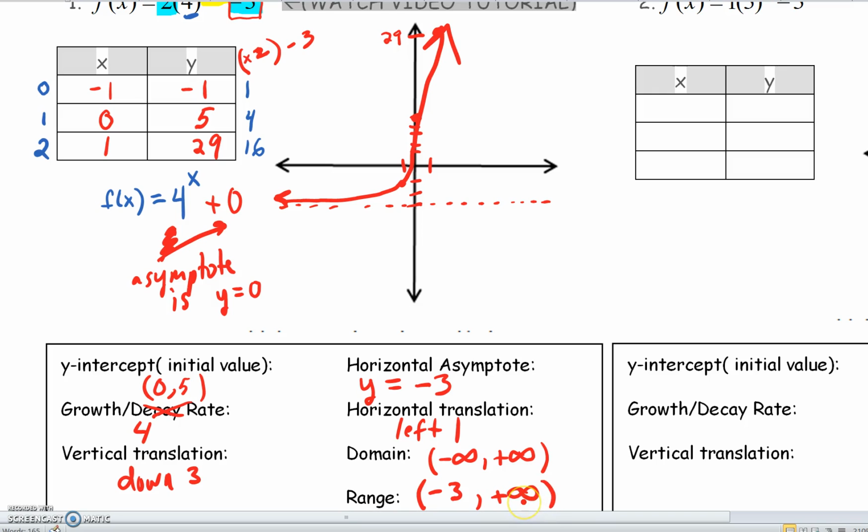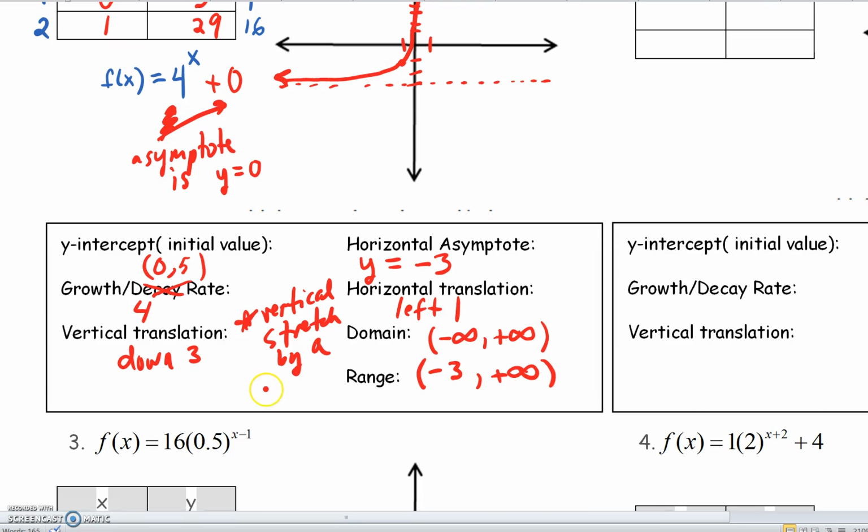Now, one thing we did not mention here is the vertical stretch. When you multiply by 2, you should also make a note here that there is a vertical stretch by what we call a scale factor of 2.